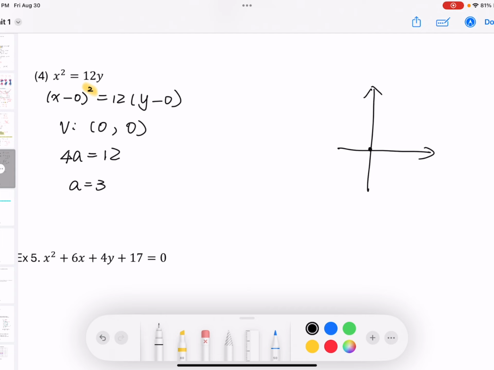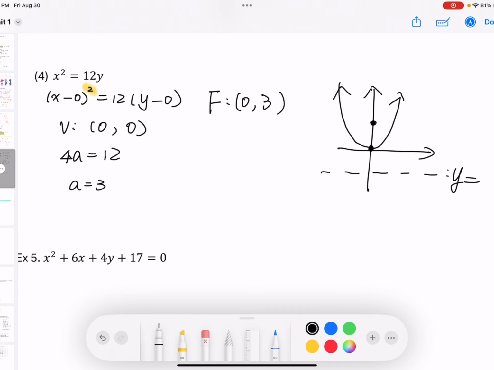The vertex is here, open upward. And let's find our focus and directrix. The focus and directrix are on the same vertical line. They have the same x value. So let's borrow the x, 0. And what is the y value of the focus? Going up 3 units from 0, 0 is 0, 3.